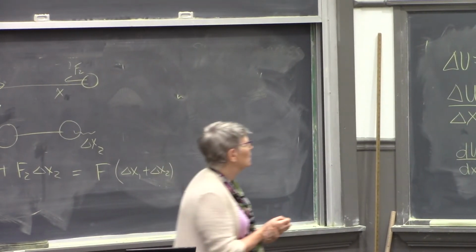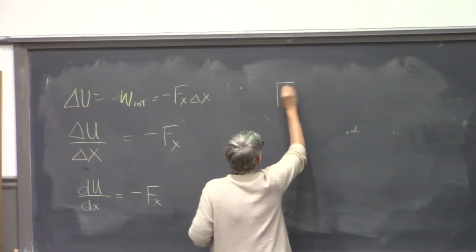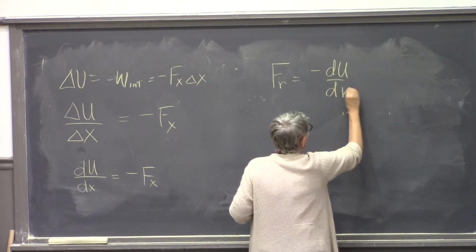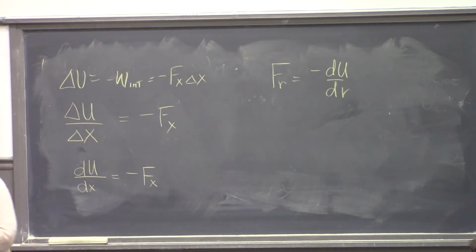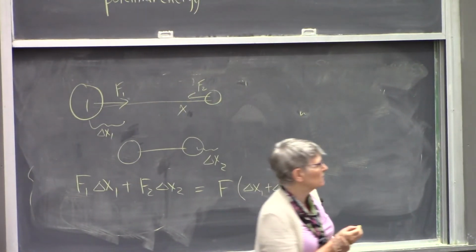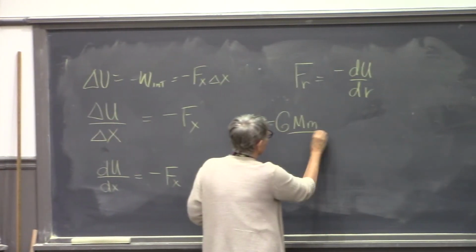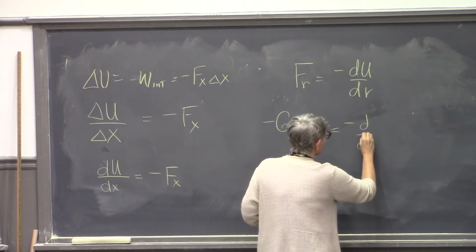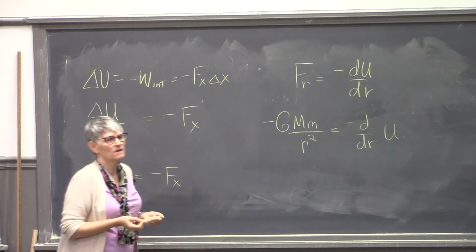More generally, because we're not always in the x direction, Fr is minus dU/dr. And now our job, for the gravitational force, is to find an expression for U that works. The gravitational force is minus G m m over r squared, and that's equal to minus the derivative with respect to r of the potential energy.